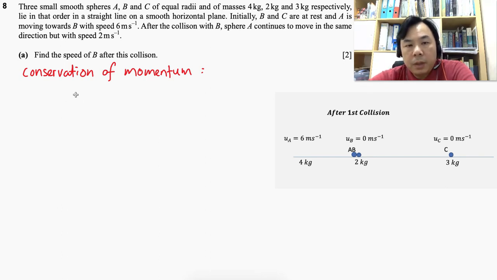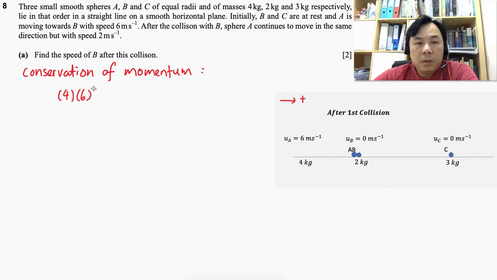So here, the total momentum before collision would be 4 kg multiplied by 6. We assume this direction is positive. That's the only momentum before, and it must be the same as the total momentum after.